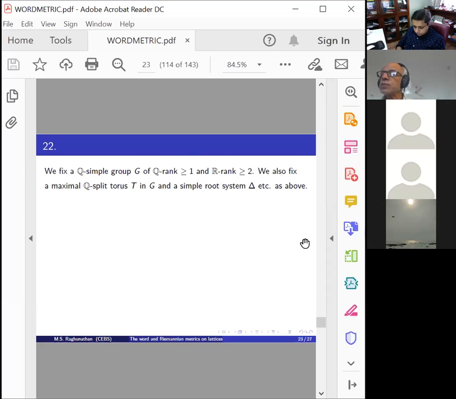Towards that, we fix a Q simple group. So from now on, I'm going to look at a Q rank 1 group, but sometimes this Q rank 1 group may be sitting inside a bigger group of rank greater than 2, for which I use the notation G. But now the ambient group may be Q rank greater than 2, H. So Q rank greater than 2, but the group I'm interested in is one of the G alphas there, which is a Q rank 1 group.